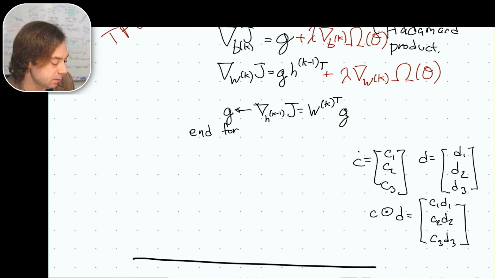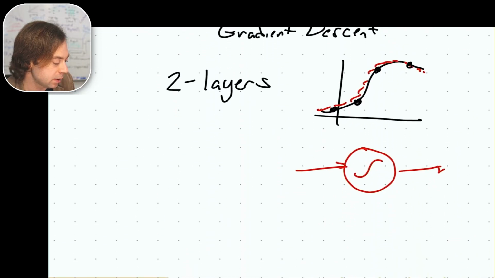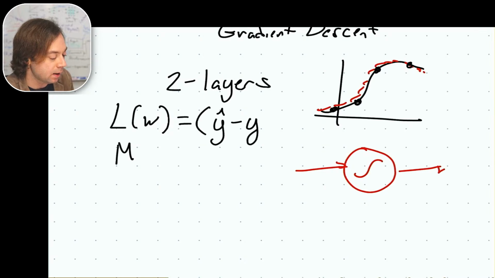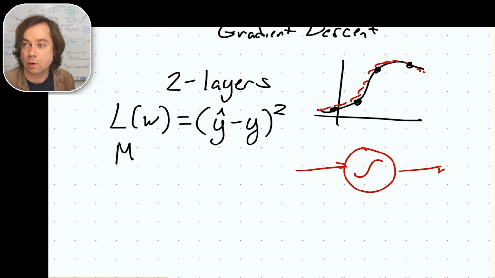The MSE, our L of all of our different decision variables, is going to be our prediction Y minus our actual data point Y, squared, for every data point that we have.